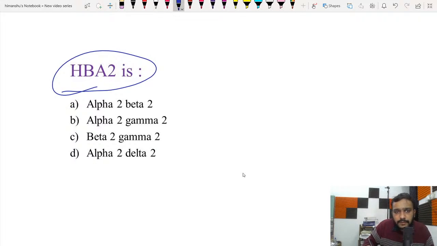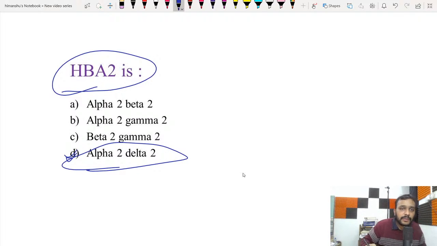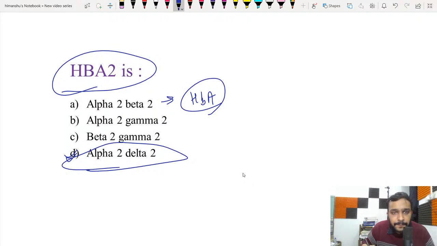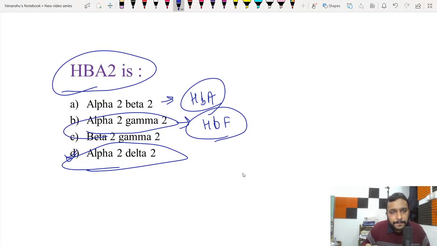HbA2 is alpha 2 delta 2. And alpha 2 beta 2 is HbA, normal hemoglobin. And alpha 2 gamma 2 is fetal hemoglobin.